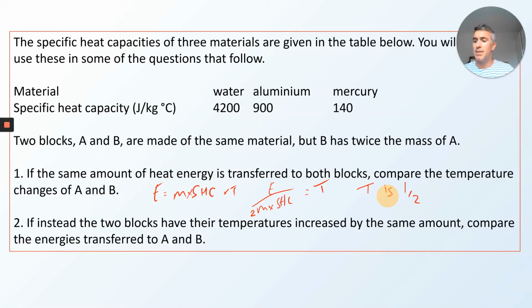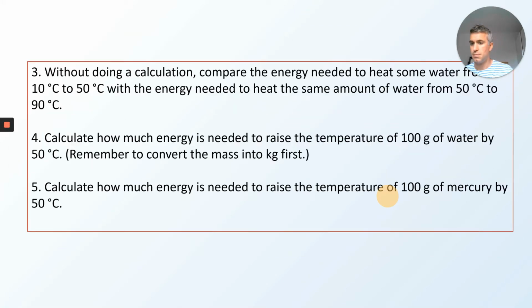Now, instead of the 2 blocks having their temperatures increased by the same amount, compare the energy transferred from A to B. Well, now you could do that one. Without doing a calculation, compare the energy needed to heat some water from 10 to 50 degrees with the energy needed to heat the same amount of water from 50 to 90 degrees.